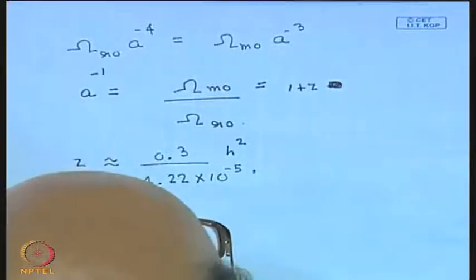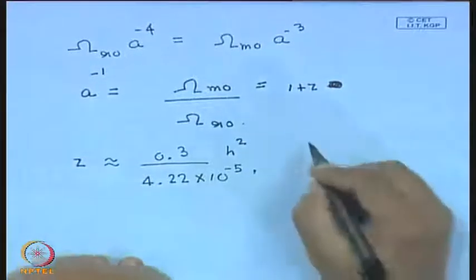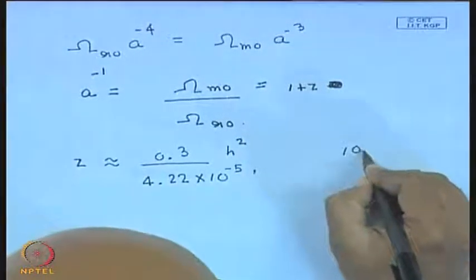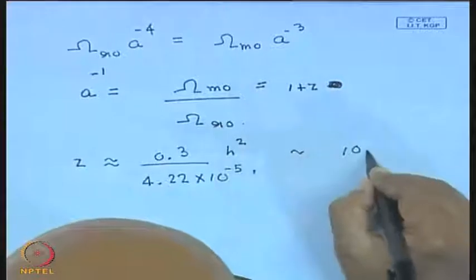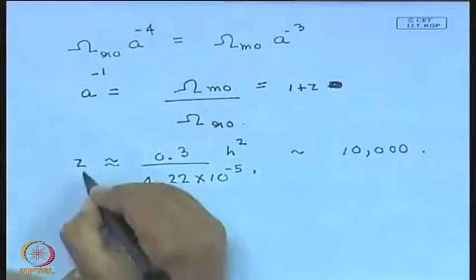And so this is of the order of tens of thousands. At a redshift of around 10,000, the universe has a transition to radiation dominated. This is called z equality.